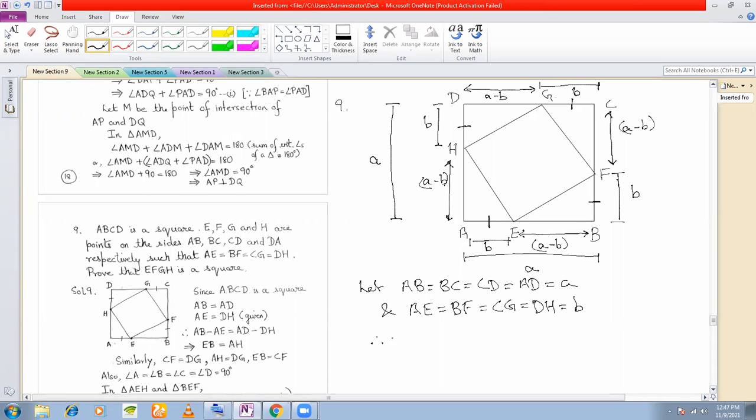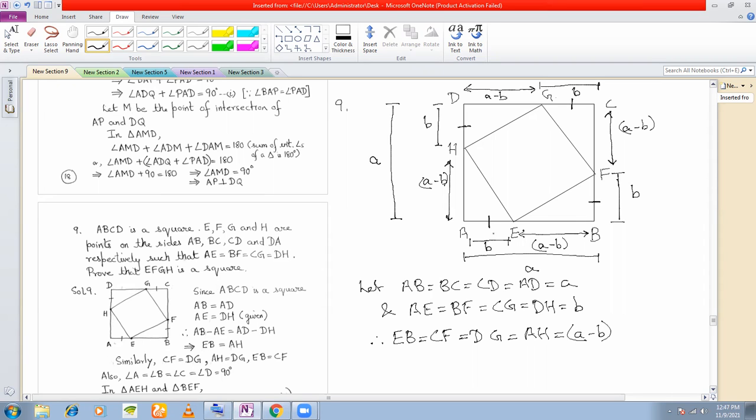So therefore, what can I write? EB is equal to CF is equal to DG is equal to AH is equal to A minus B. Fine. So now what to do?